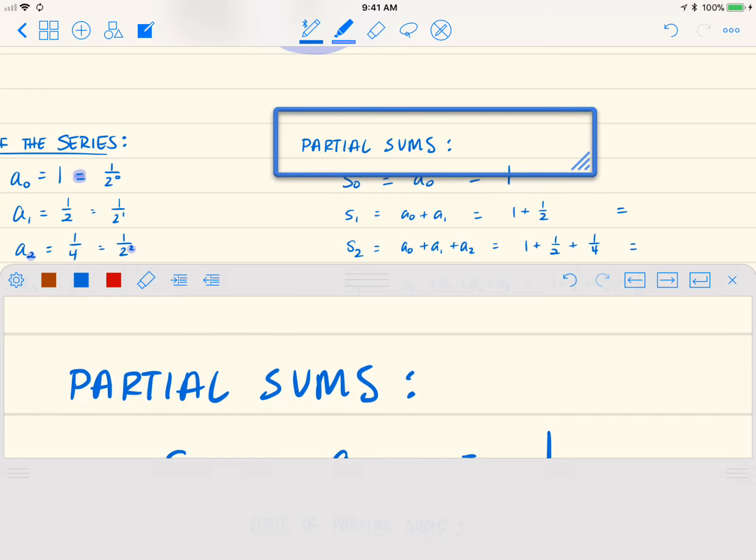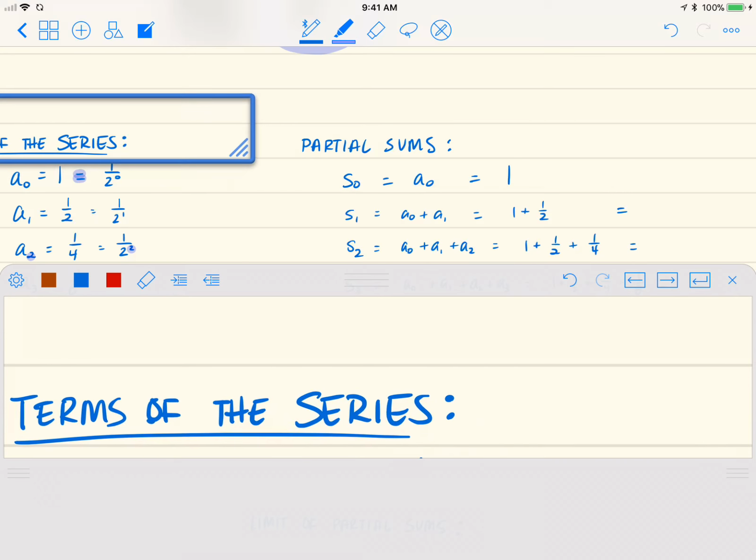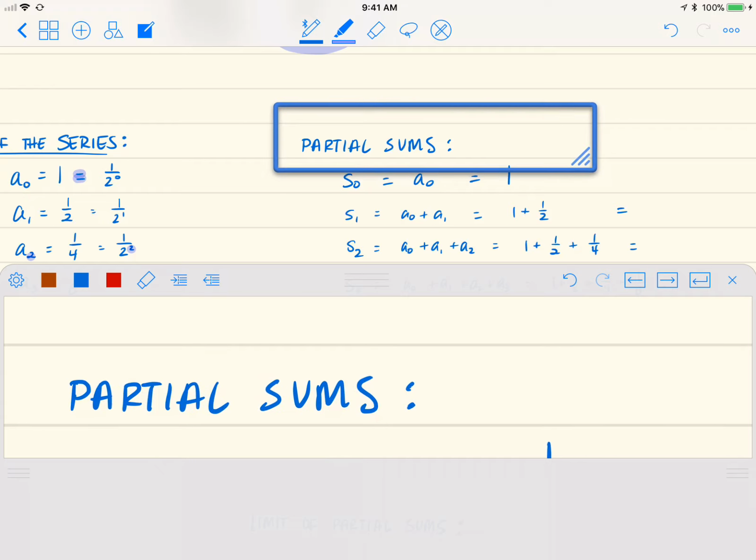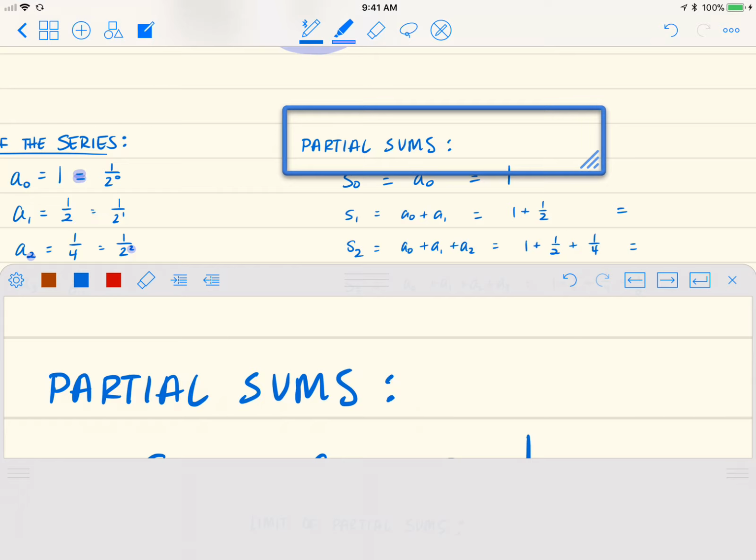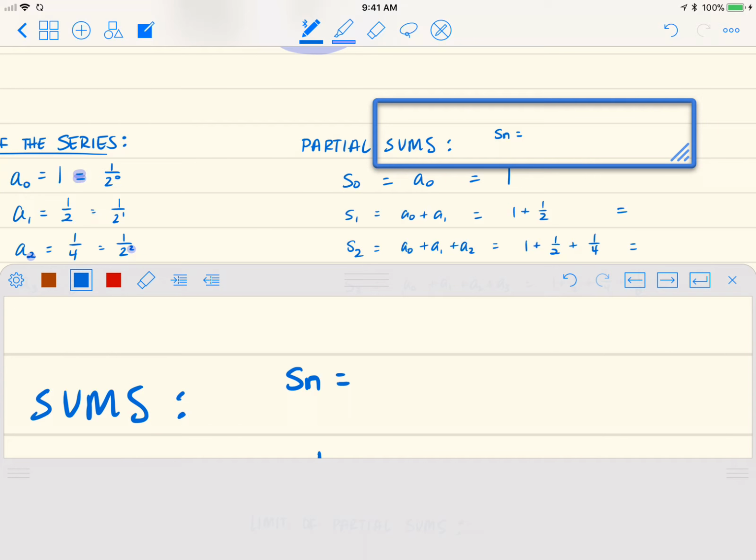Now let's look over at these partial sums. The first thing is the terms of the series. Second is the terms of your sequence of partial sums. Now, the general formula for the sequence of partial sums, Sn, the nth partial sum, is the sum of the first n terms.